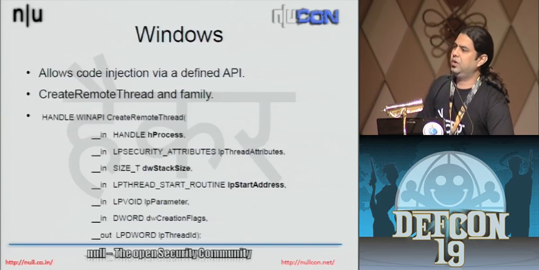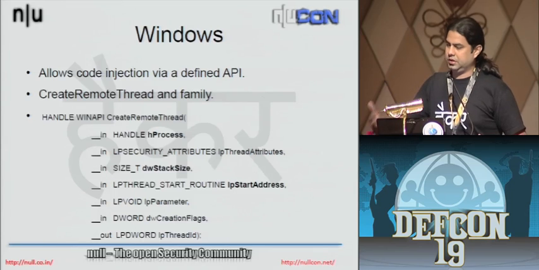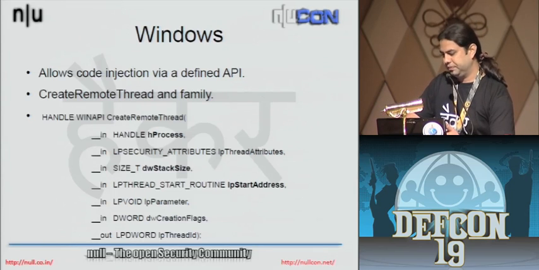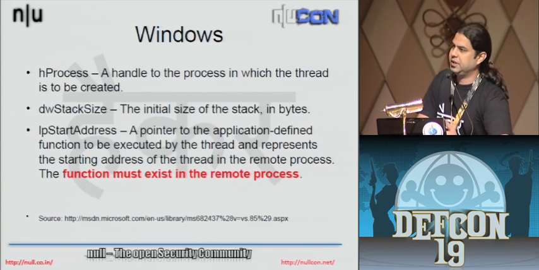So Windows already has an API where all you need to do is call this function and it'll do the needful, whatever you want to do. I'm not going to go deep into what this API does, but we'll look at some of the important parameters that this function has. hProcess specifies the target or victim process where you want to inject code.